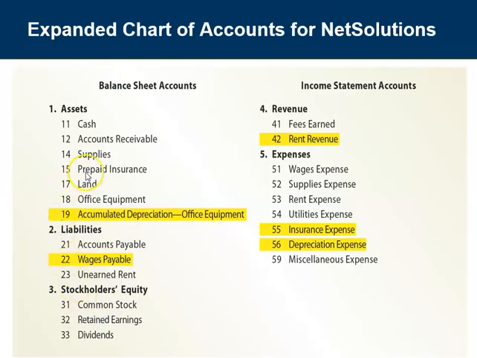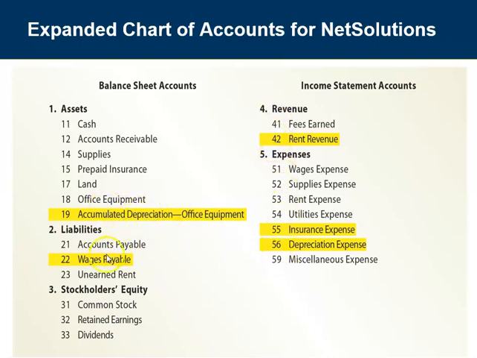Okay, so all we have here on this slide is just an expanded chart of accounts for Net Solutions. All of the accounts, you don't need to know these numbers here. Just notice that the numbers do get larger as we go from asset accounts into liabilities, stockholders' equity, revenue accounts, and expenses.